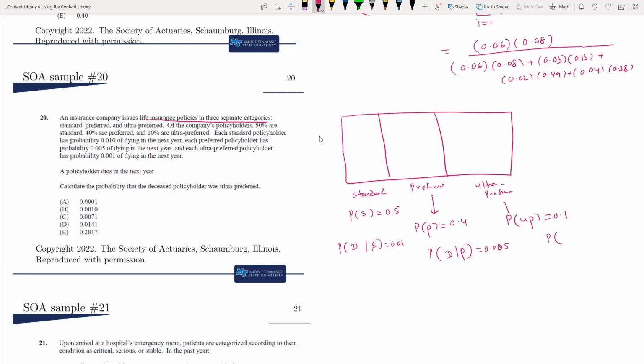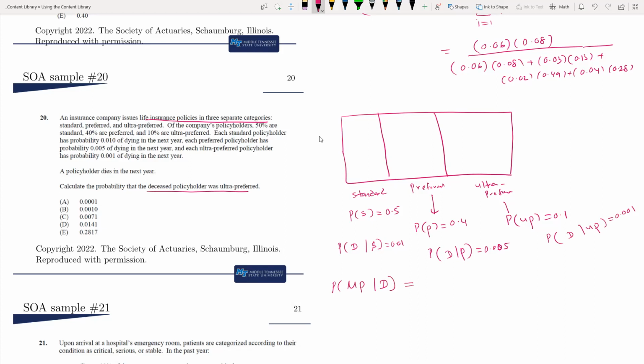And if you know it is ultra preferred, then the death probability is going to be 0.001. A policyholder dies in the next year. Given that death, they want to know whether the person is from ultra preferred.